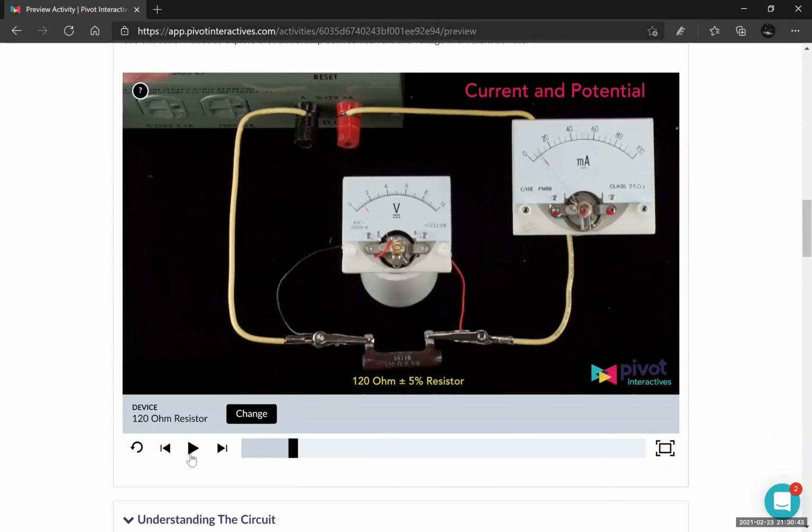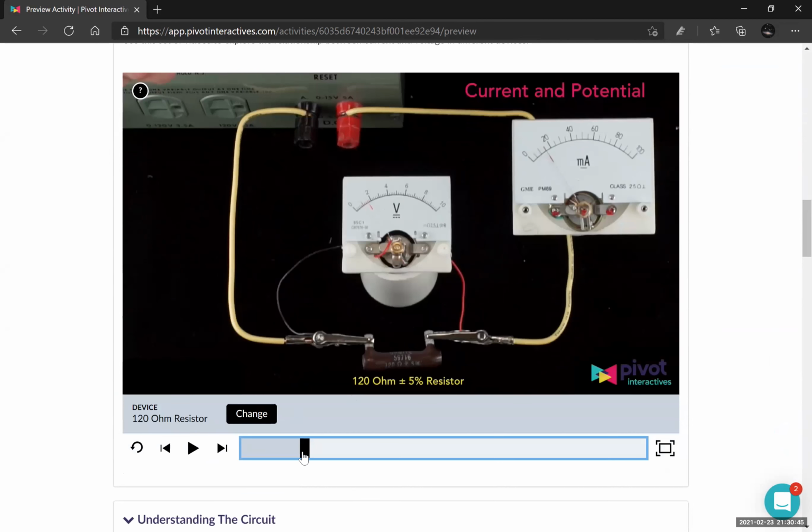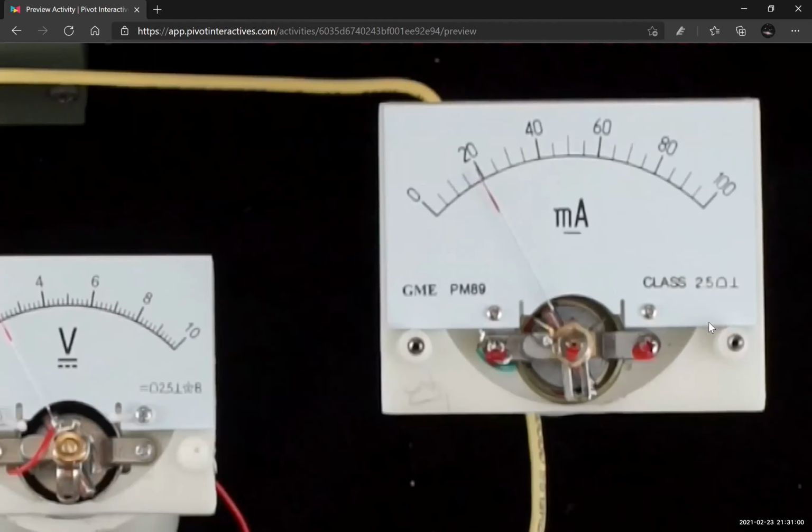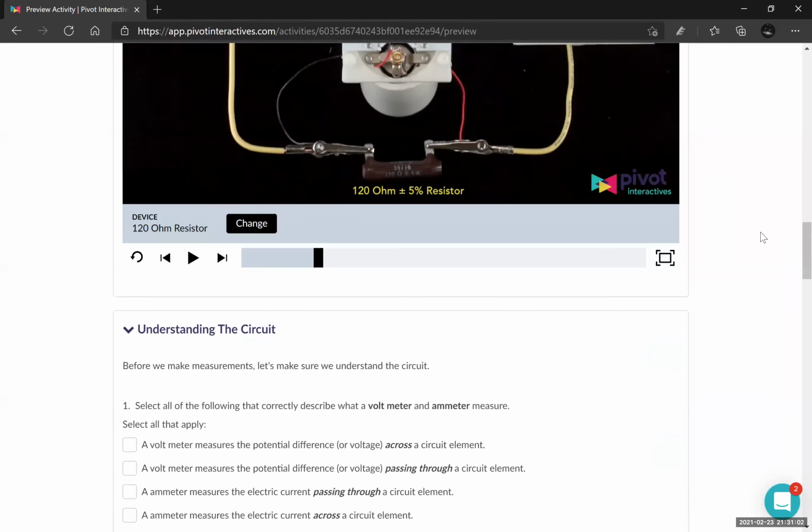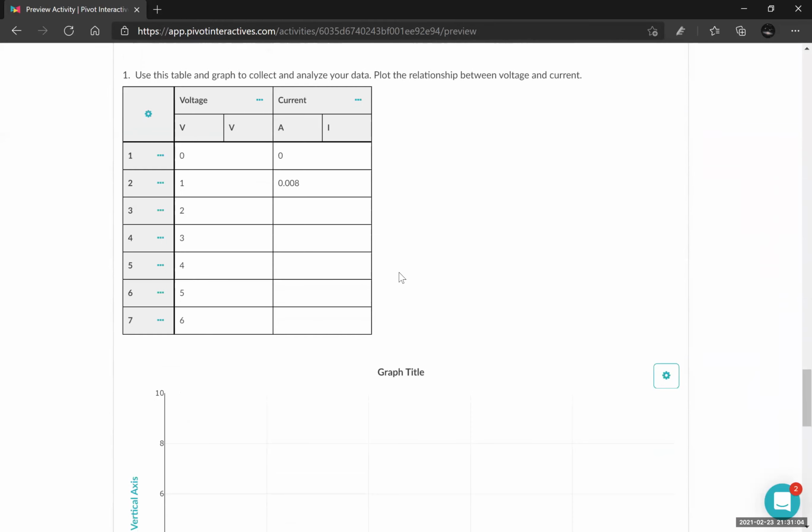Then you go to when the voltage here is 2. Roughly that, and you can see it's almost 20 milliamps. Probably more accurately it will be like 19 milliamps, so I write down 0.019.